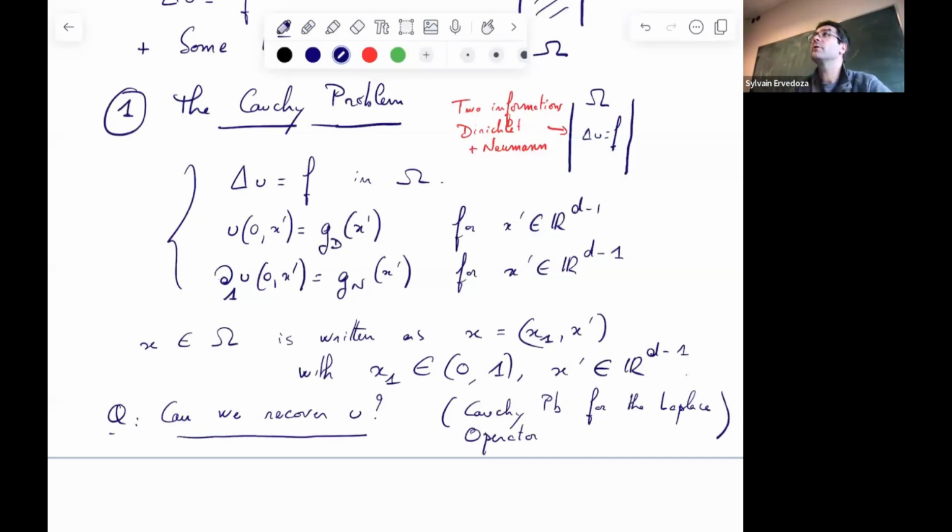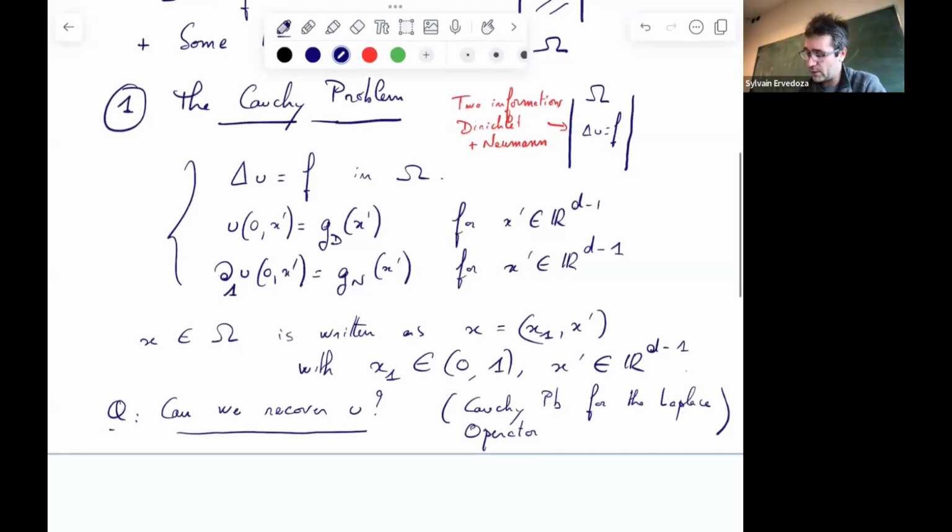So when you have an equation like this, the first thing probably is to try to use the symmetry of the problem or the specific geometric setting. So here you see that this omega is a Cartesian product, right? It's (0,1) cross R^(d-1).